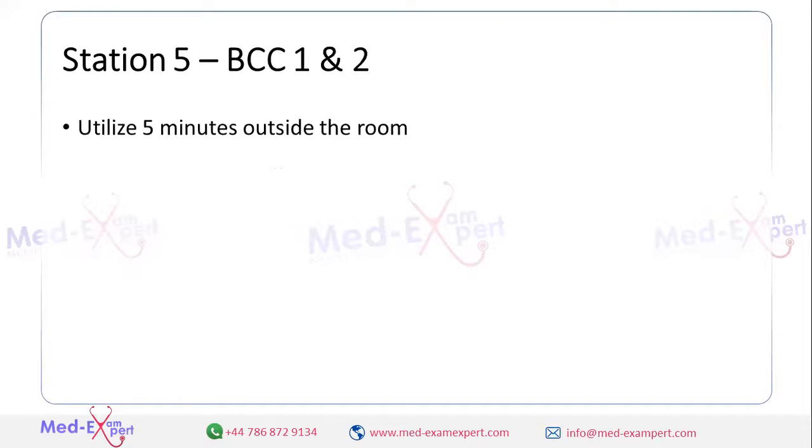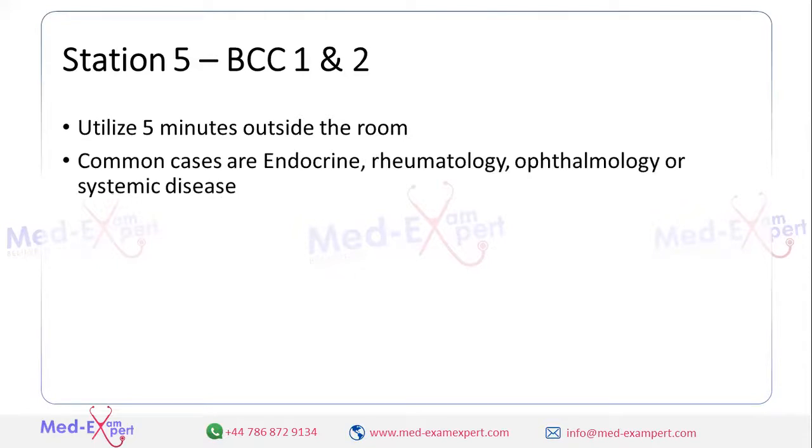Station 5 is the crux, or Achilles heel, of the PACES, because here you have two patients who are assessed in all 7 skills, and you get 28 marks for each of the 2 encounters. Before you enter the room, you'll have 5 minutes to finish 2 cases, so you need to write quickly.